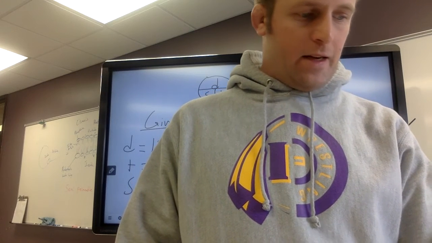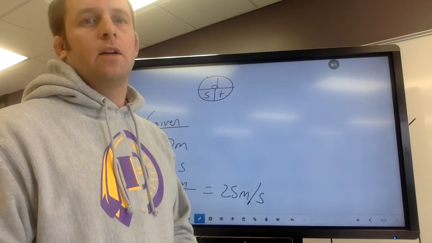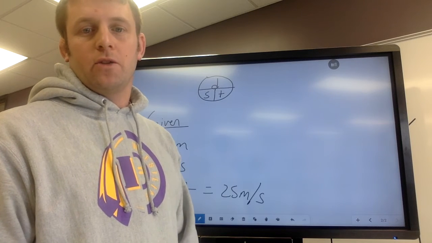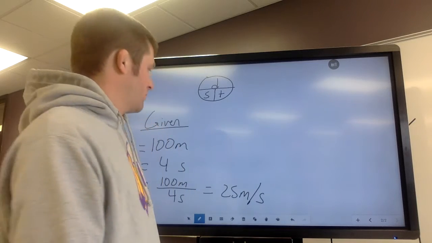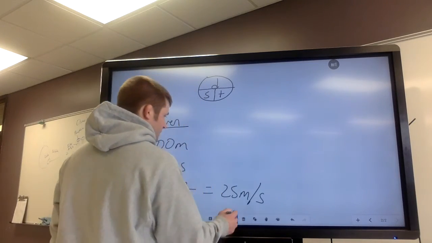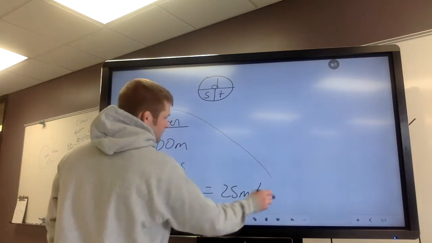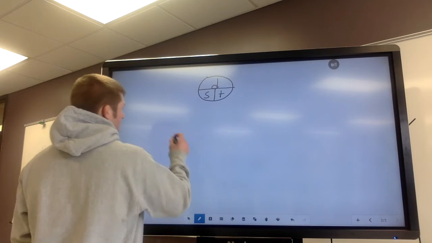Okay, number two says, if a car moves with an average speed of 60 kilometers per hour for 1 hour, we would have traveled 60 kilometers. It asks, how far will it travel if it continues this rate for 4 hours? So the question is how far? It says how far. That means you're going to be using the distance equation, right? So start with what is given.